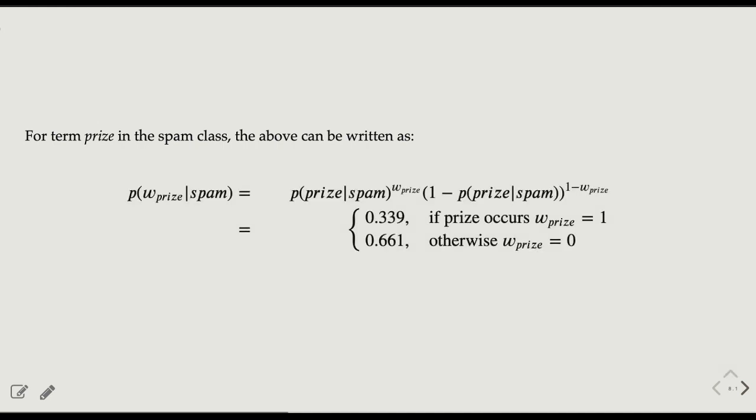And so for the term price in the spam class, the probability of W price can be written as this function, which essentially means when it appears, this is the probability, and this is the probability for it not to appear in the spam collection.